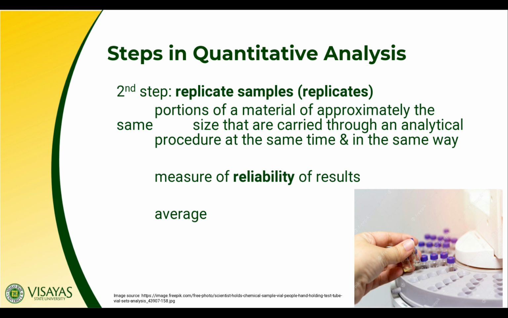When we do replicates, portions of a material of approximately the same size are carried through the analytical procedure at the same time and in the same way. This is what it means to have replicates. It gives a measure of the reliability of your results.